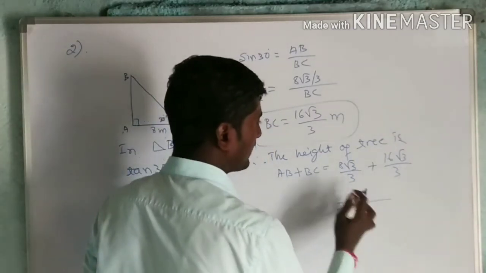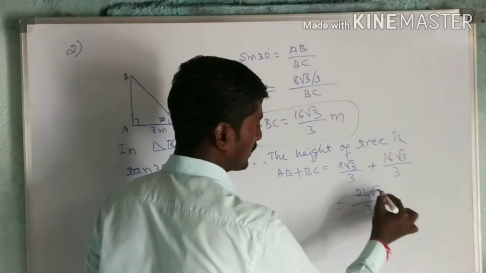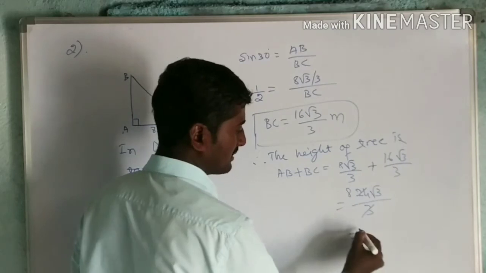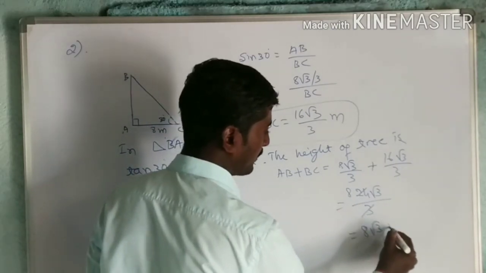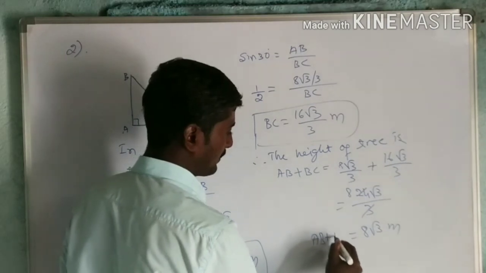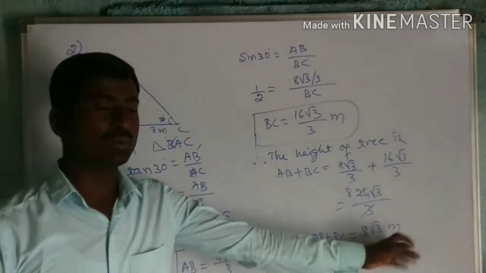LCM is 3. 8 root 3 plus 16 root 3, that is 24 root 3. Now 3 8s are 24, so that is 8 root 3 meter. This is the height of the tree, AB plus BC. So therefore, the height of the tree is 8 root 3 meter.